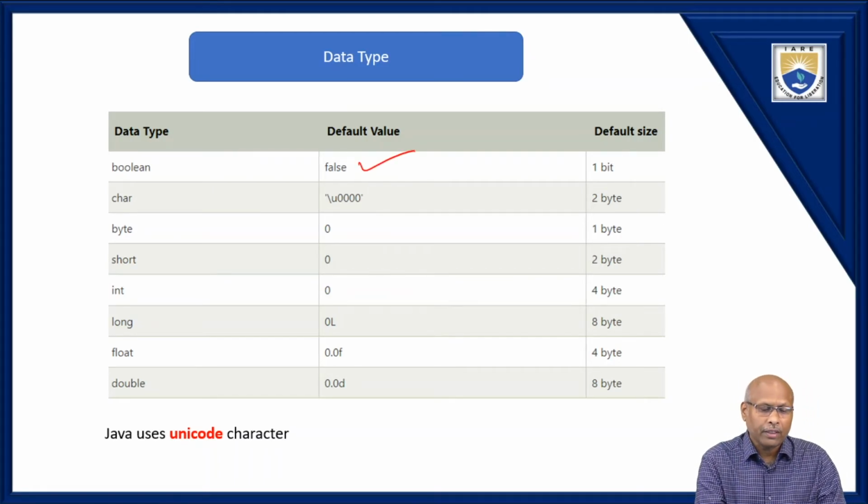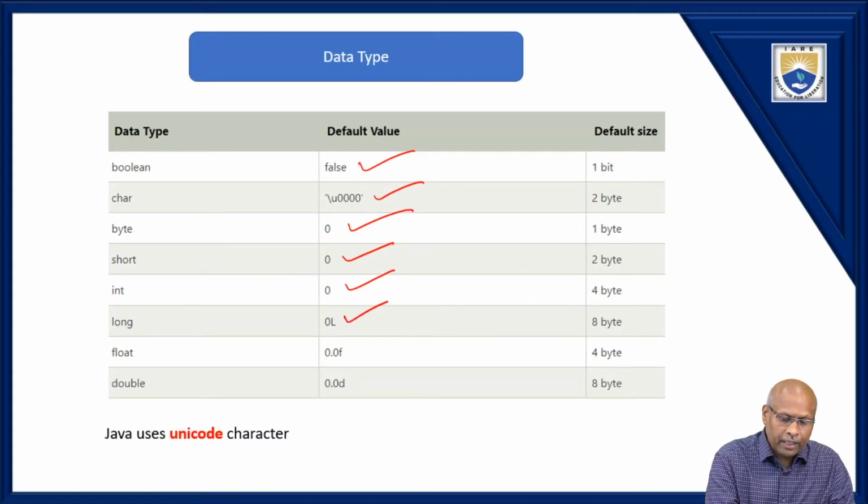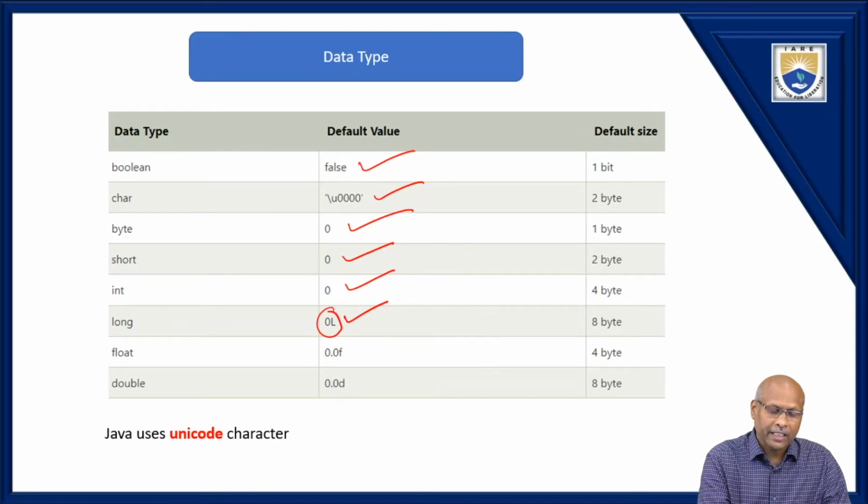For character data type, the default value is 0 for null character. For byte, the default value is 0. For short, that means when you declare a variable, automatically the system will take for byte 0. For short also 0. For integer also 0. For long also 0L. So remember, for long data type, you should write 0L. L stands for long data type. Similarly for float, 0.0F.